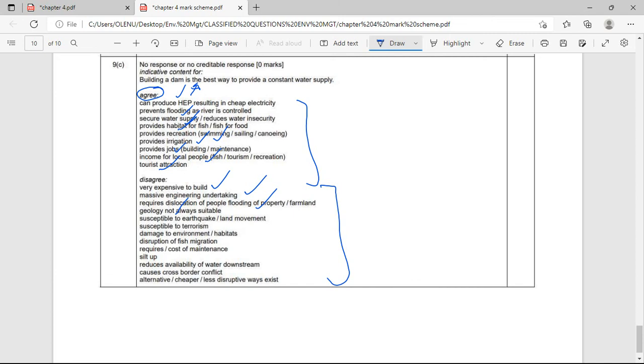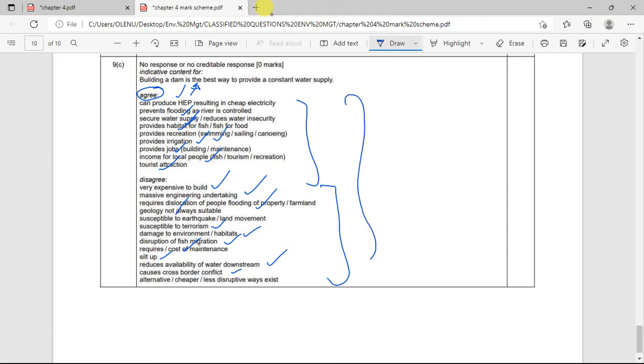It is susceptible to earthquake and also terrorism. It damages the environment or the habitat, with destruction of fish and fish migration. It requires cost of maintenance. Silt can build up, reducing availability of water downstream, and it also causes cross-border conflict in terms of the several regions that the water needs to pass through.